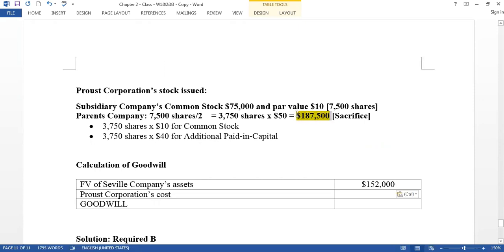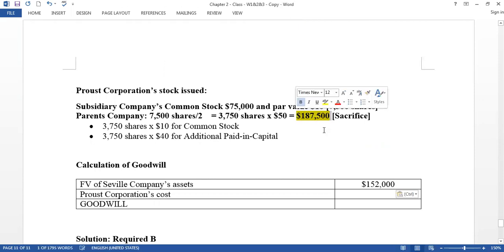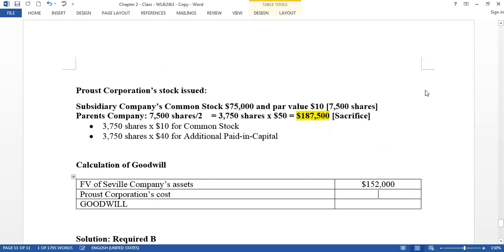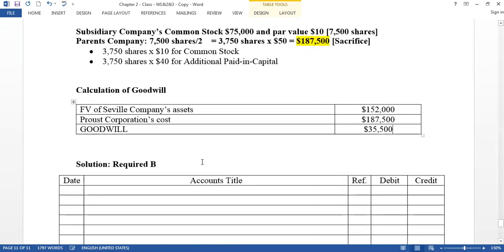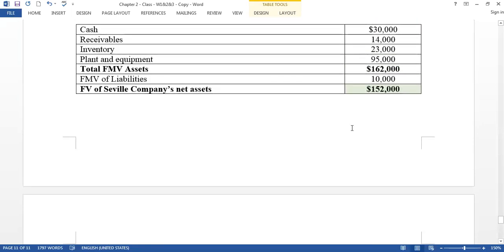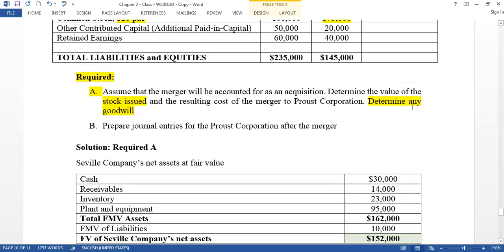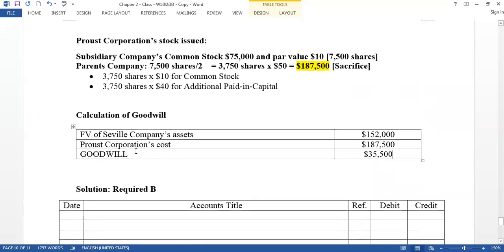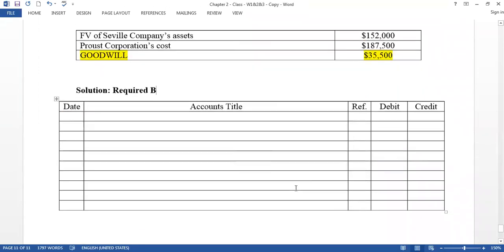This is the money we are going to sacrifice, not money, I mean stock. We are going to sacrifice, and the difference is 35,500. That is the goodwill. So we find that yes, we have a goodwill. Now we have to record the journal entry.